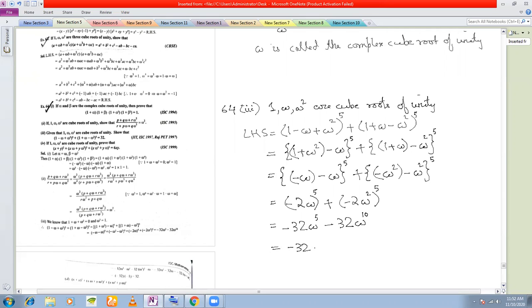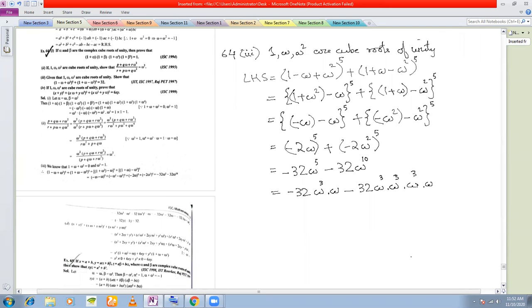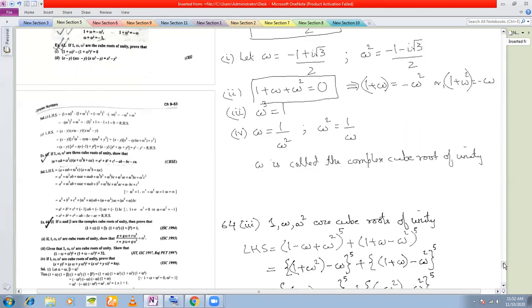Omega to the power of 5 can be written as omega cube into omega. Minus 32 omega to the power of 10 can be written as omega cube into omega cube into omega cube into omega, right? Why did we write it in this way? Because we know that omega cube is equal to 1 from this property here.